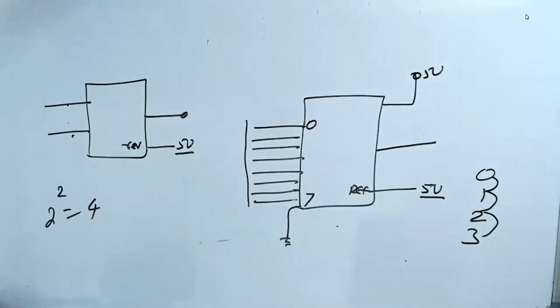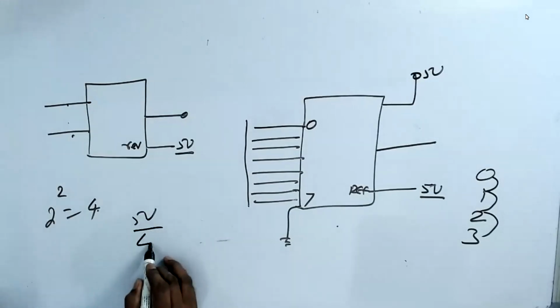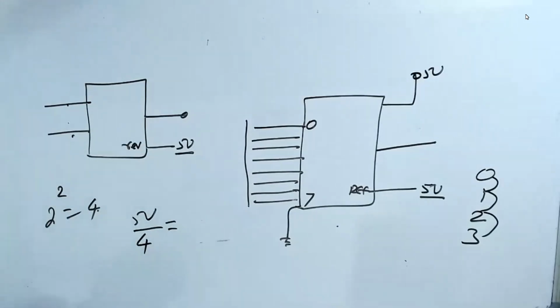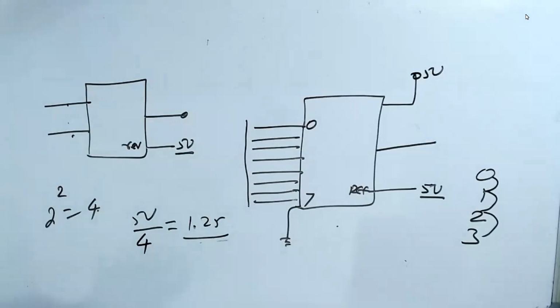Correct, I'll come to the point next. Now 2 power 2, so 5 volt divided by 4, which is 1.25. It's a 1.25 level.